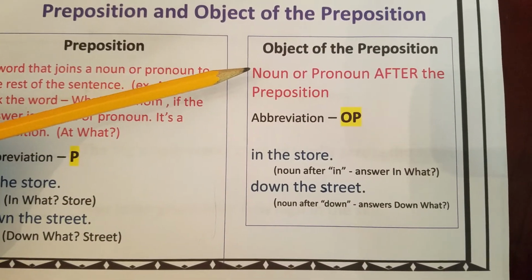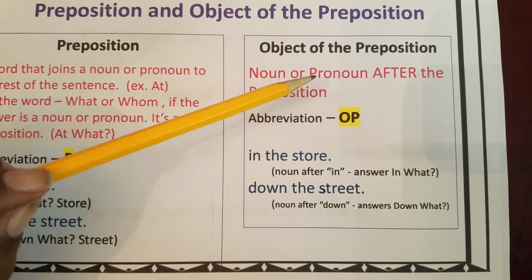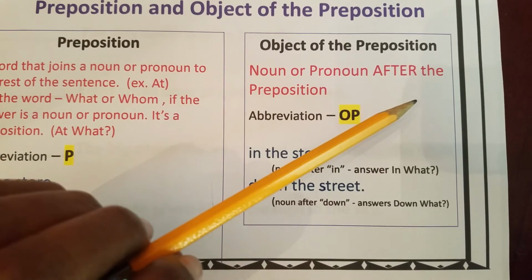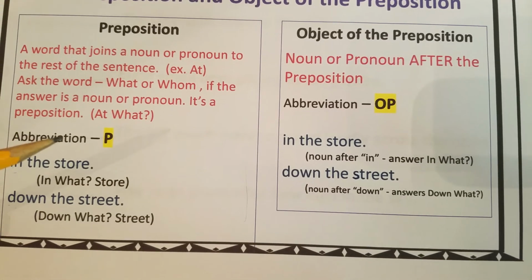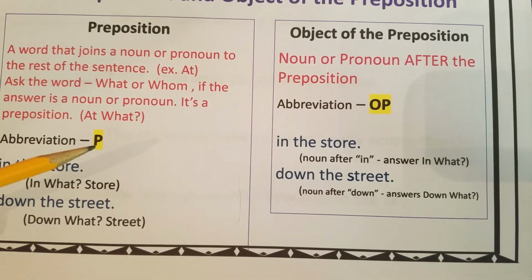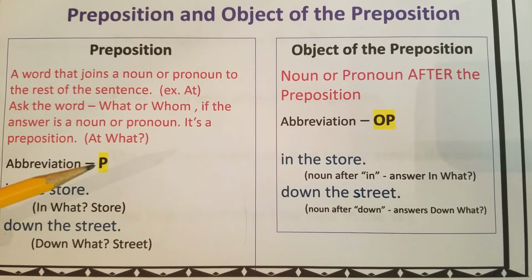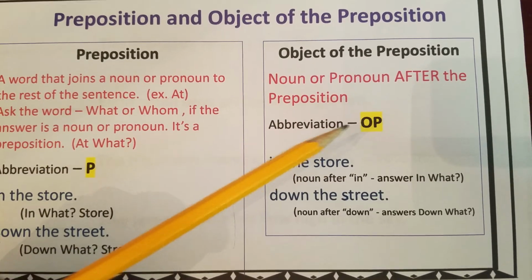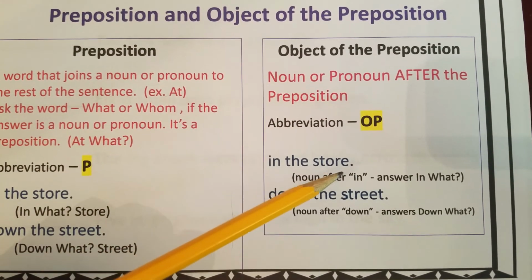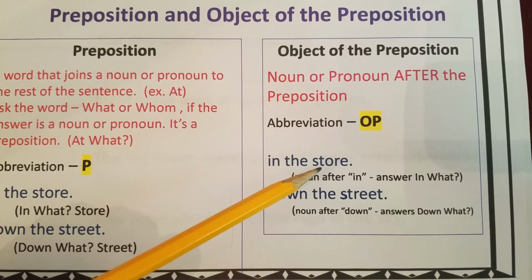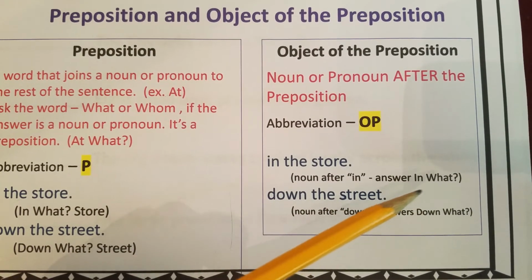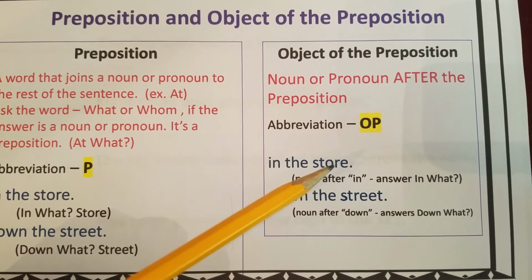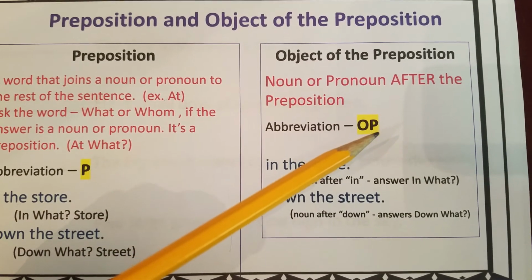Object of the preposition is the noun or pronoun that is after the preposition, and we label it OP. I'm sorry if I didn't mention we label a preposition P. So you saw in the last part of the video I did P and I put an OP. So in the store, store is the noun that's after in, and it answers in what? Store. So store is the object of the preposition.